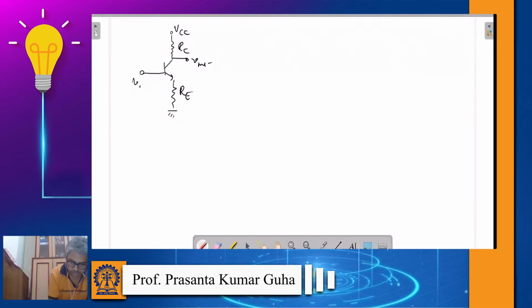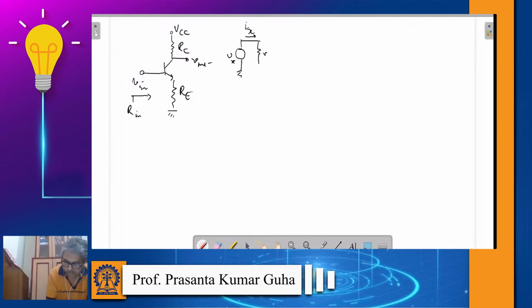That's the input resistance, right? If you look from here, Rin, we can find that out. To find the input resistance, you have to connect a test voltage at the input, okay. That will give you a test current. All we have to do is find out test voltage over test current, okay.